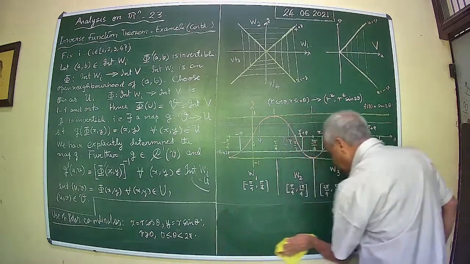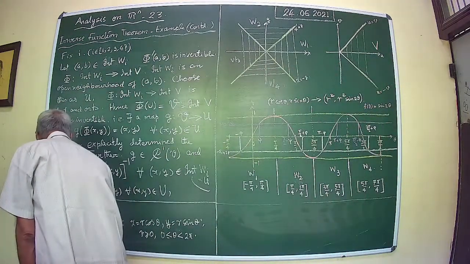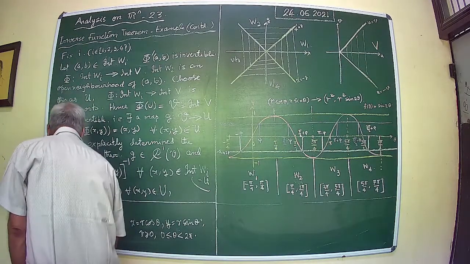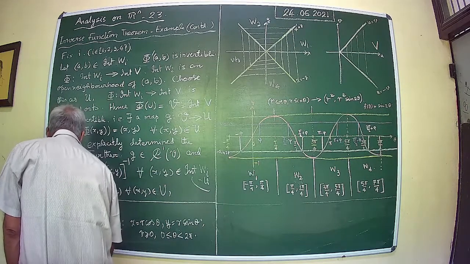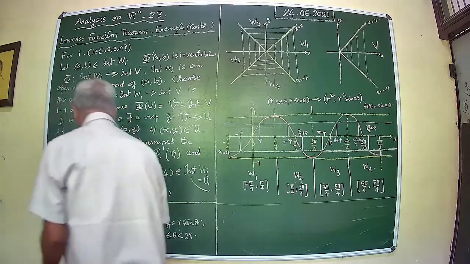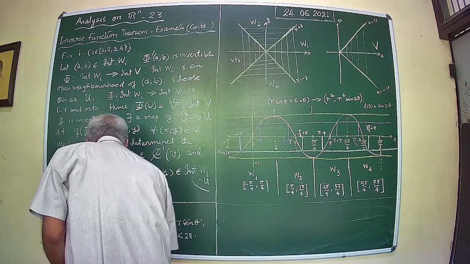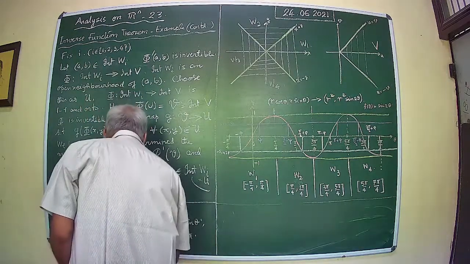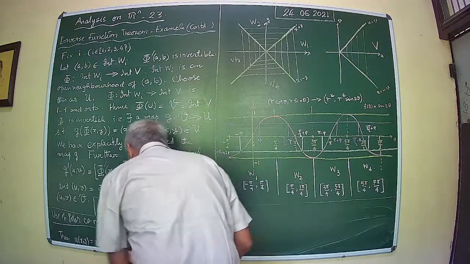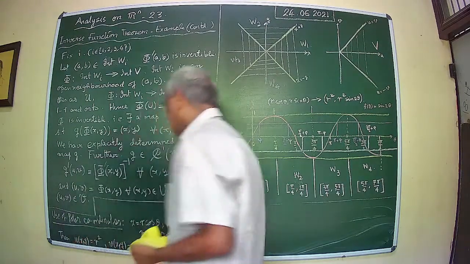Then you observe that u equals r square cos 2 theta, not cos 2 theta, sin theta.